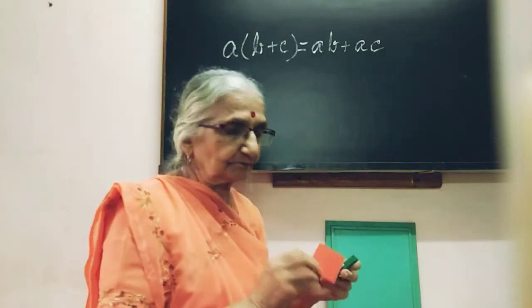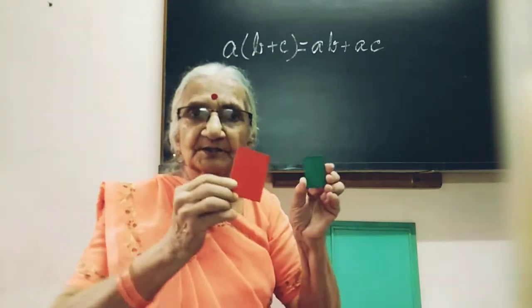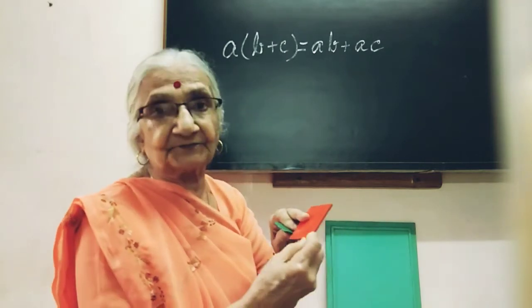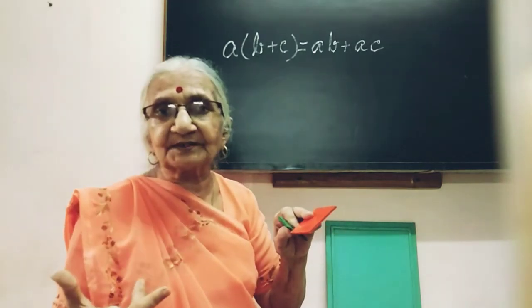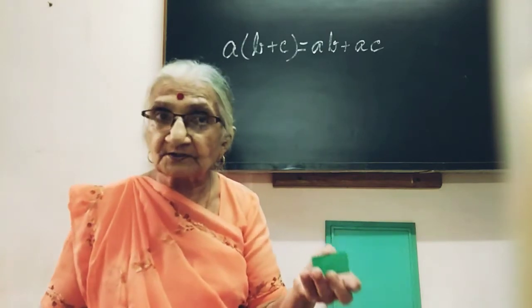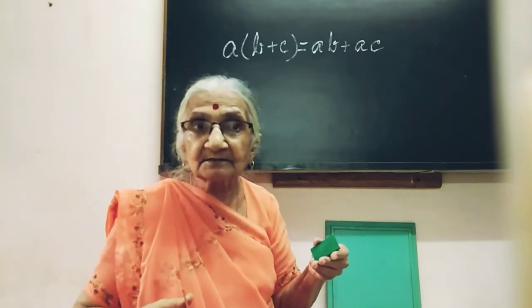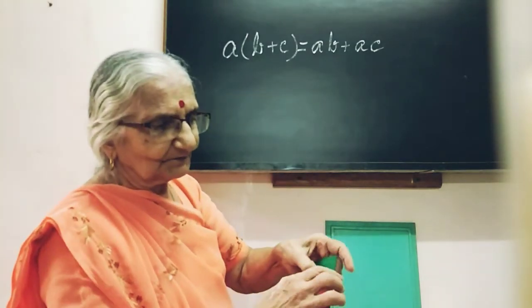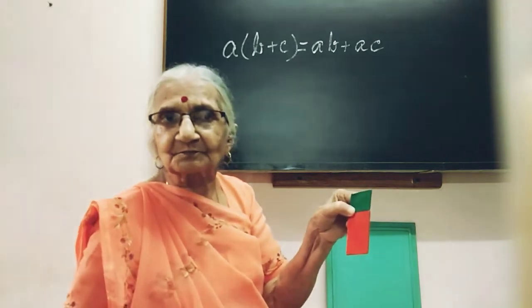Now here I have two rectangular pieces. You can see that these two lengths are different, so I will have to call them differently, A and B, whichever one we like. These are also different, so maybe C and D. But we don't need that.